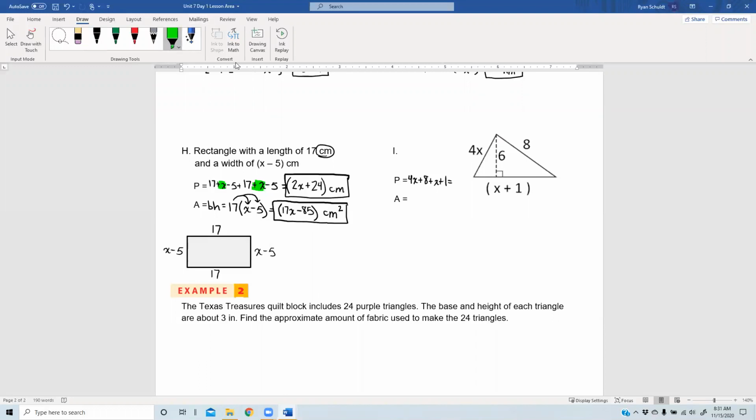So I need to count up my x's. I've got 4x plus 1x gives me a total of 5x. And then 8 plus 1 is 9. I don't have any units here, so I'm going to just write the symbol for units, UN, units. 5x plus 9 units.